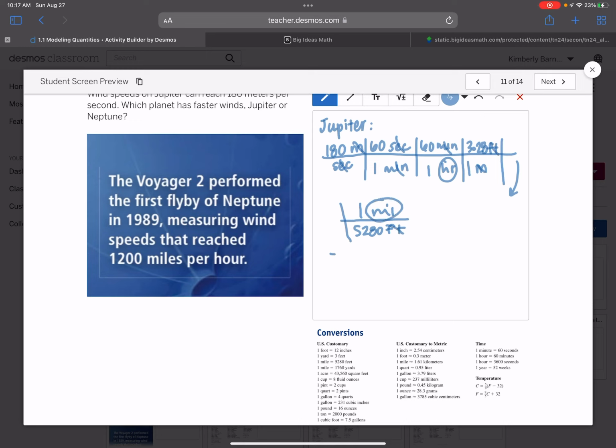So what I'm doing is I'm multiplying everything in my top. So 180 times 60 times 60 times 3.28 times 1. And then everything on bottom, 1 times 1 times 1 is just 1, times 5,280.